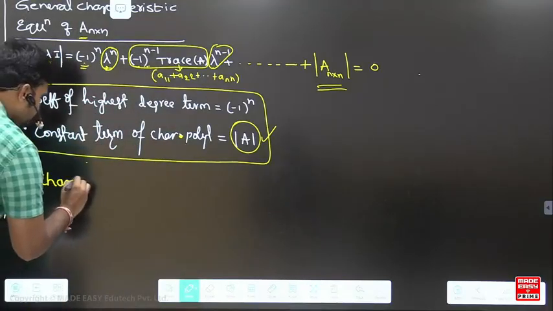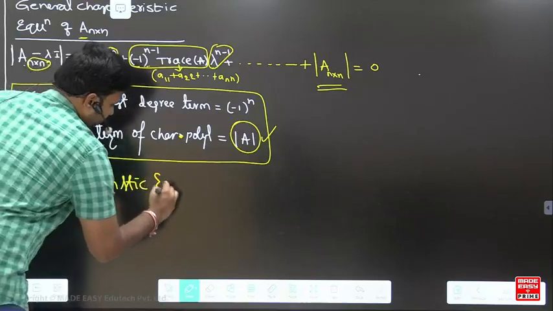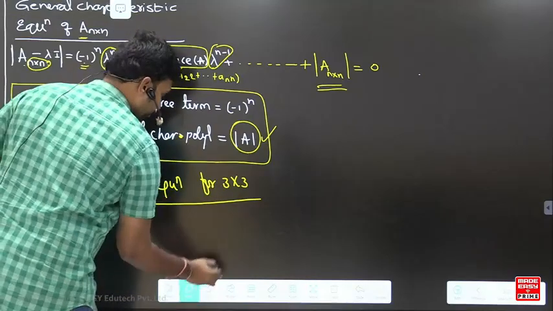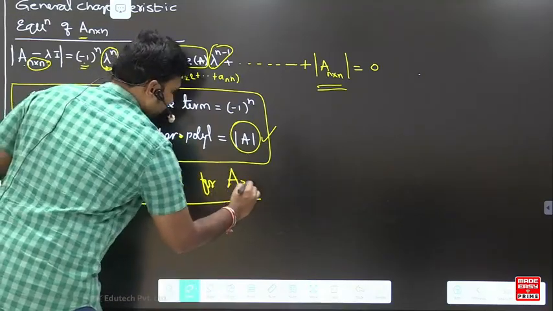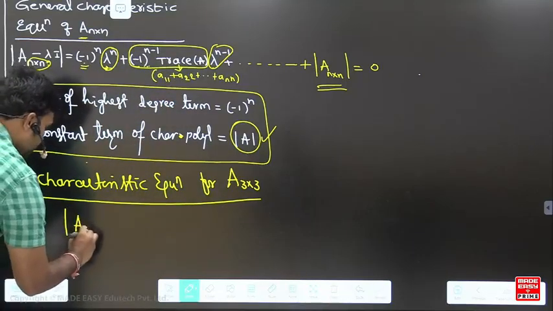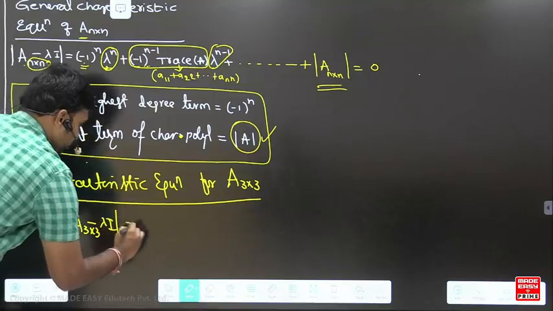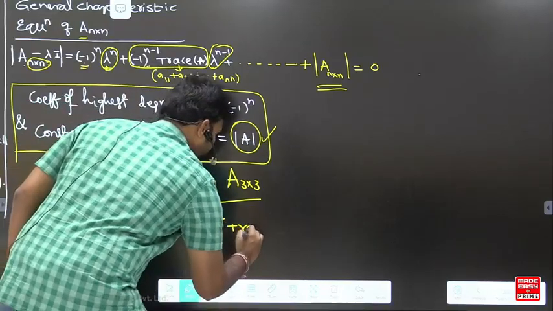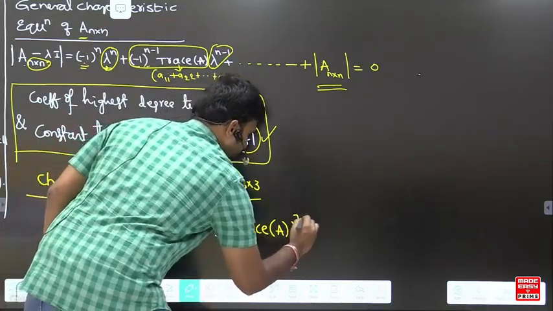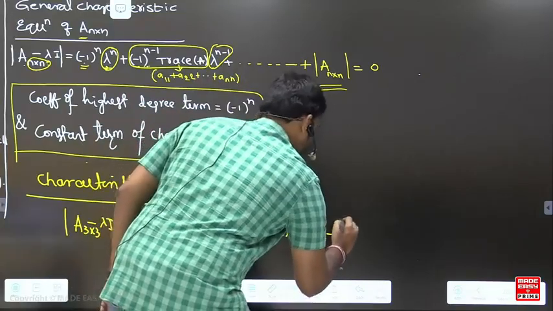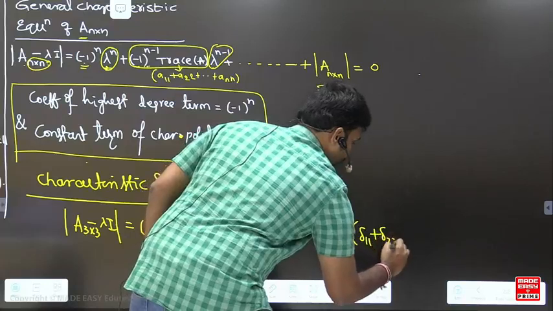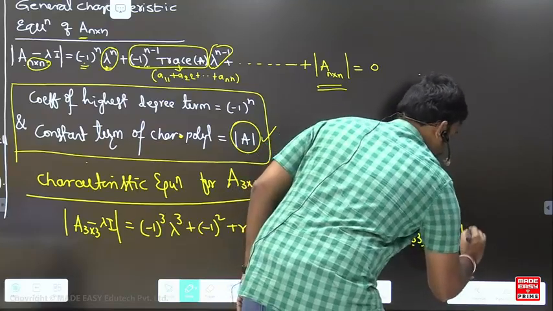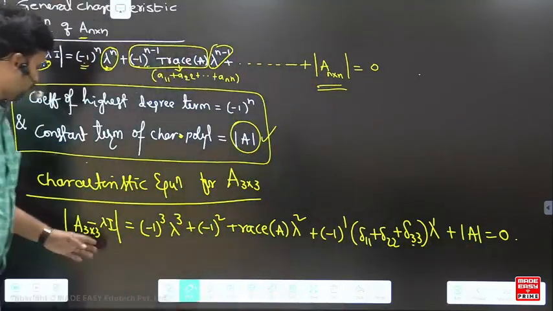Now the characteristic equation for a 3 by 3 matrix A. Yes, please take down this.